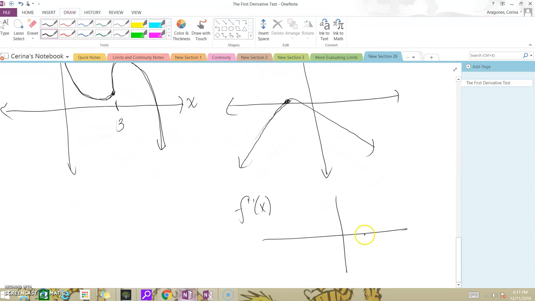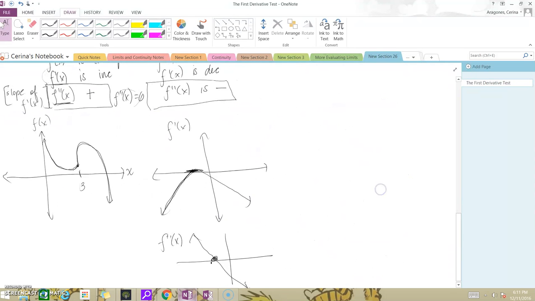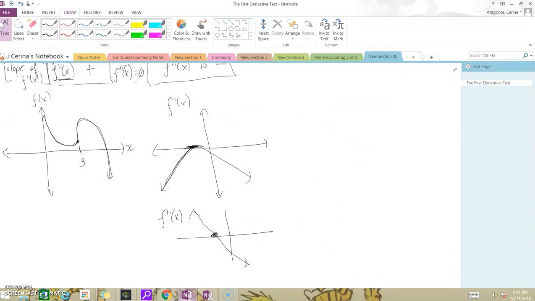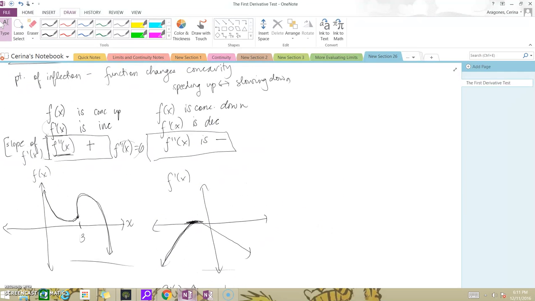Your slopes are first positive. As you can see, your slope here is positive. And then suddenly it hits 0, so your slope here is 0, and you become negative. So there's a switching from positive to negative. So obviously we can see graphically what's happening, but we can analyze your function f double prime to see what happens to the concavity of f without graphing.